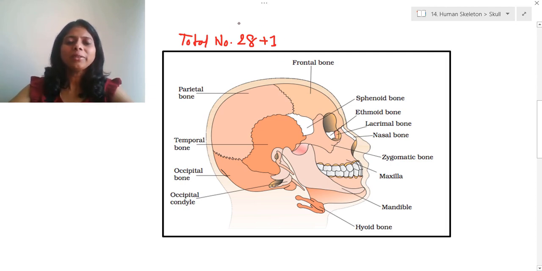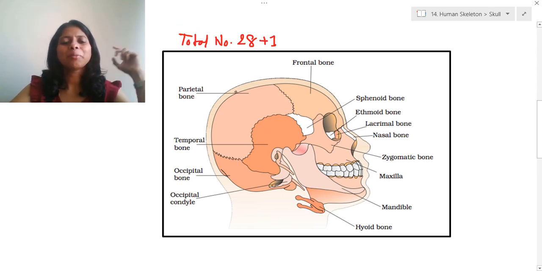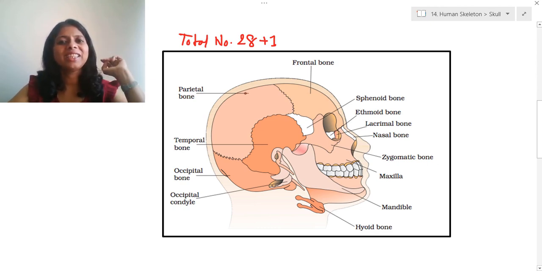Right now just try to understand that there are so many bones included in the human skull, and that's why it is not very easy to remember them. Just to make it easy to remember the different names of the bones, the human skull is divided into 4 different regions.